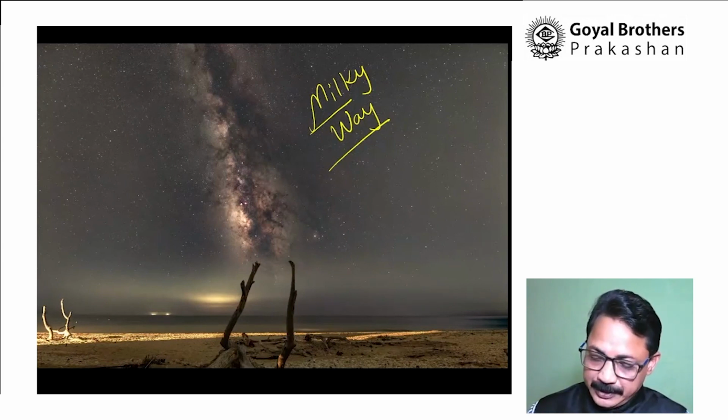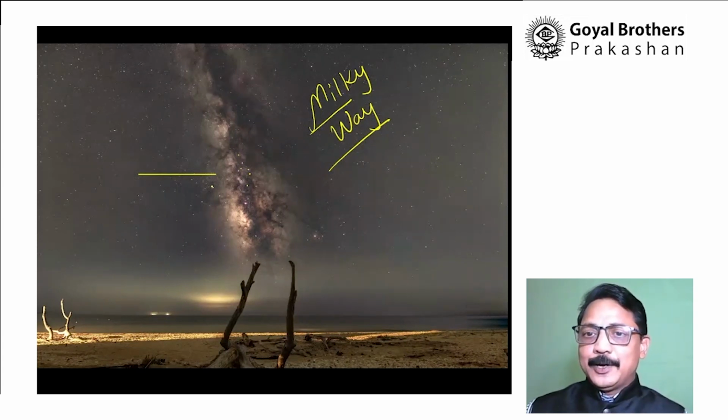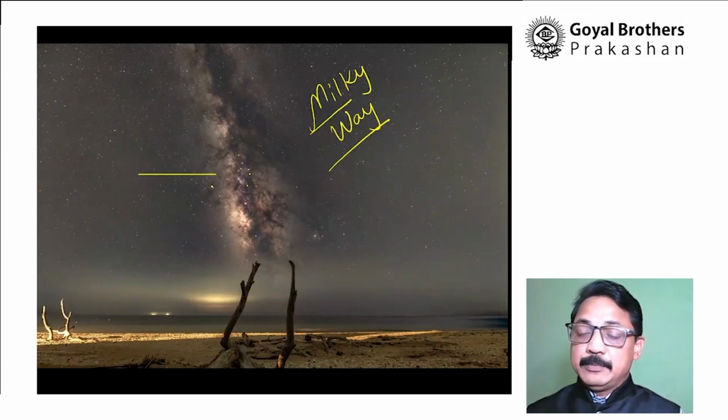Now each dot that you see over here, dear student, is itself a star. And around that star, to search for a planet is absolutely difficult. Very difficult. Of course, scientists have discovered a few other planets outside our solar system also.